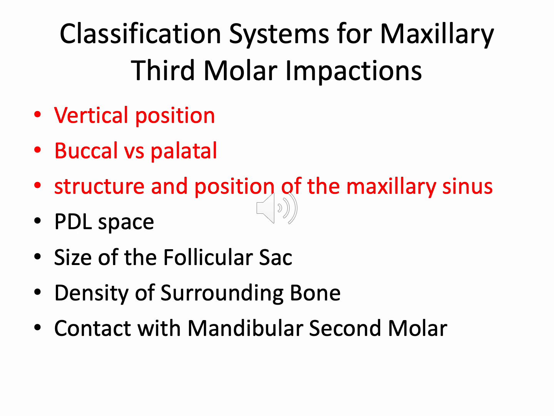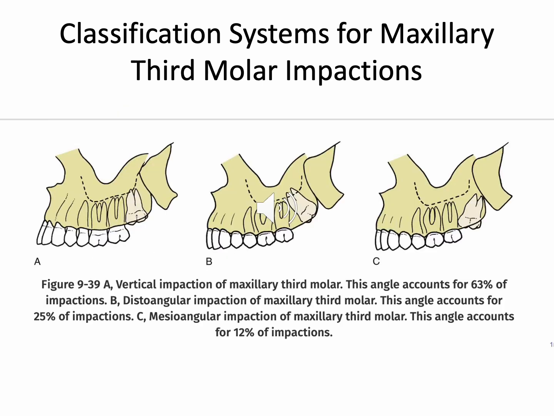Like the other third molars we were talking about, we're always considering PDL space, size of the follicular sac, density of the surrounding bone, which typically correlates with age, and contact with the second molar. The ease of extraction in the maxillary third molar is typically the opposite of the mandibular third molars. So mesioangular is the most difficult because it's running into the back of the 7.